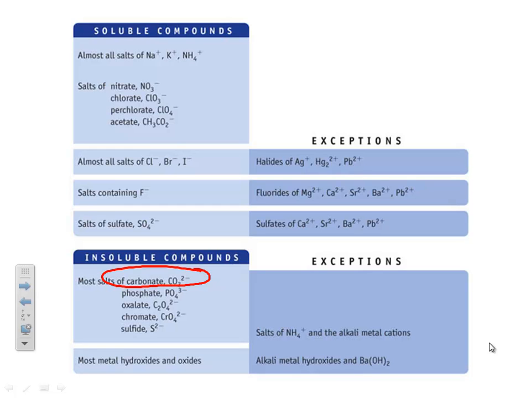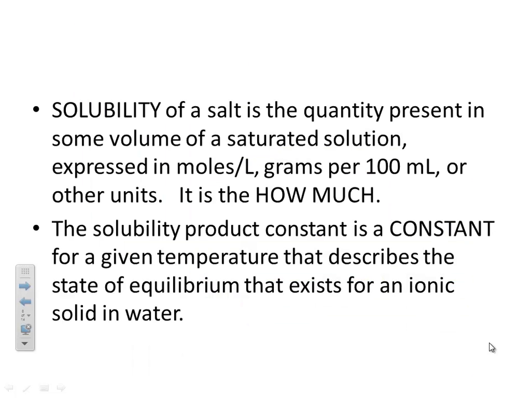It's the how much. The solubility product constant, the KSP, is a constant for a given temperature that describes the state of equilibrium that exists for an ionic solid in water. So it's a constant as opposed to just some description of how much stuff is in a given sample.